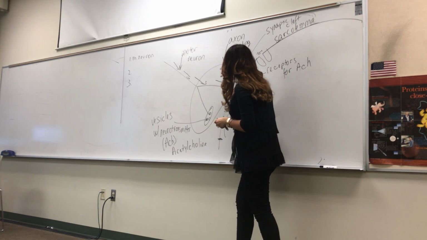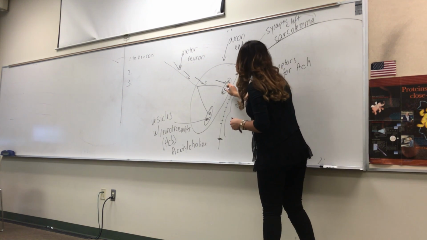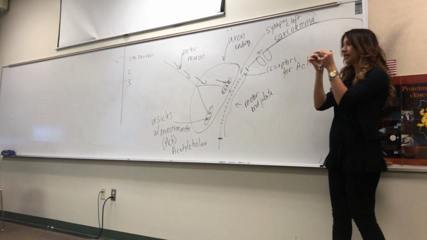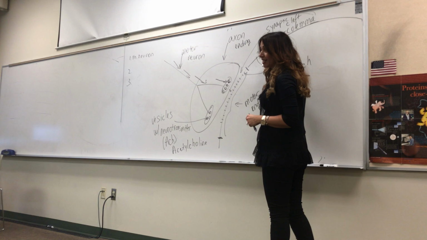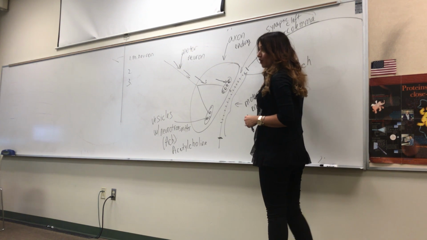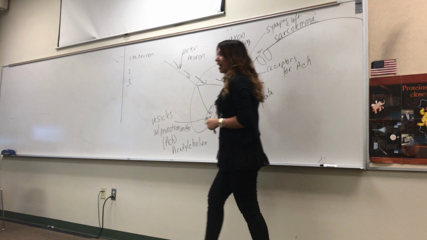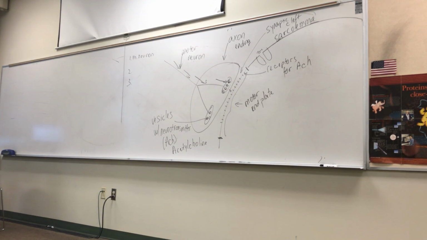The ACH will travel across the synaptic cleft, and as soon as the ACH attaches to these receptors, this attachment is my trigger for my calcium to be released. Okay? So it is a full chain of reaction. And that's the chain of reaction that is being explained on this page.